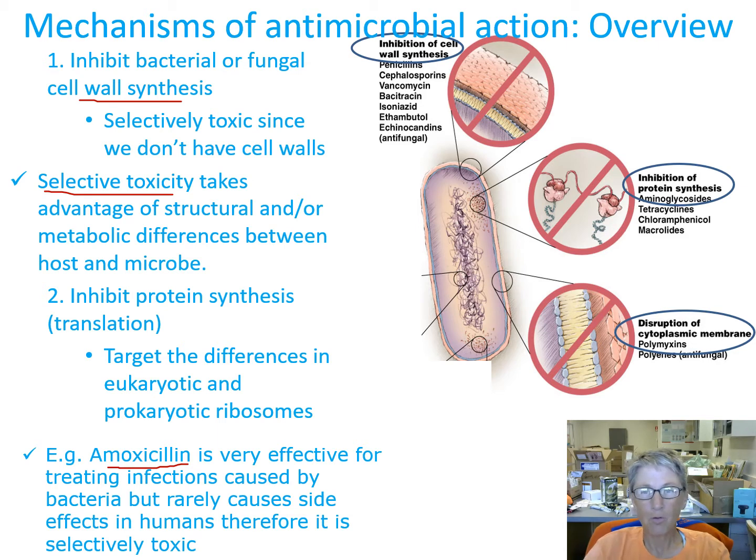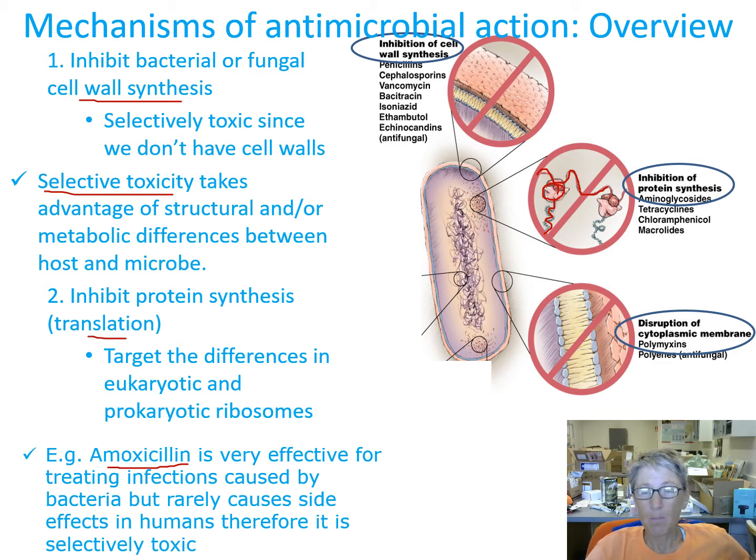You could also, if you're designing a drug, inhibit protein synthesis. So that's this cartoon here. Here's the ribosome, here's the messenger RNA ribbon putting together amino acids to make a protein. That's protein synthesis. When you take messenger RNA and make that into a protein, that process is called translation.